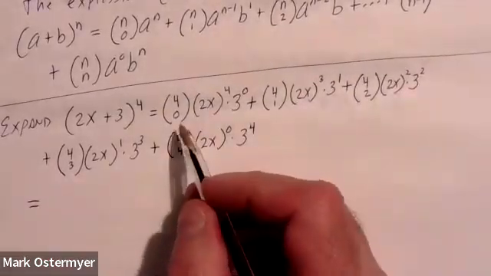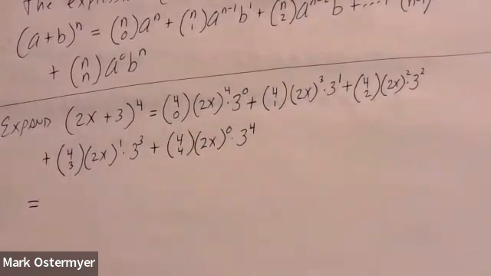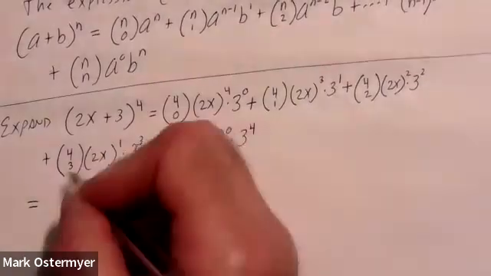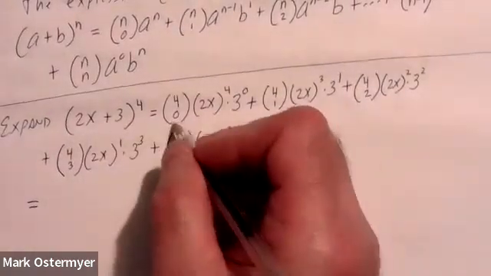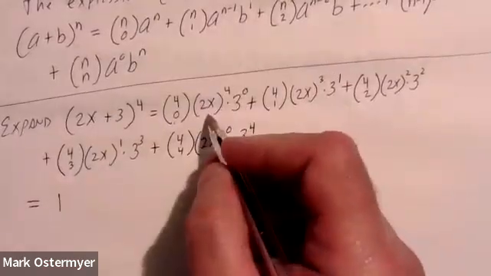Now, what is 4 to the 0th power? Well, you can just get on your calculator and dial that up. So 4 to the 0th power is going to be 1. And this is 2x to the 4th power times 1.